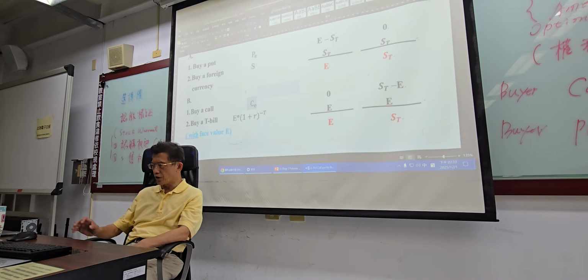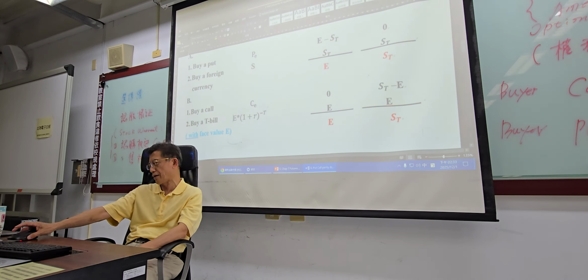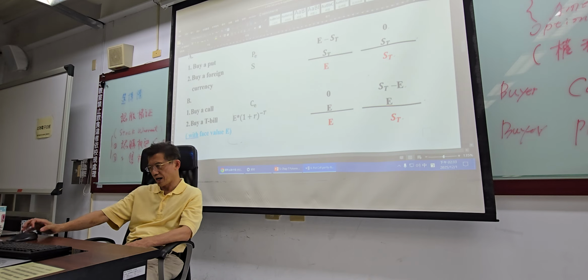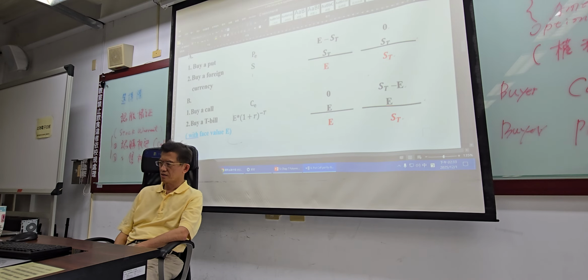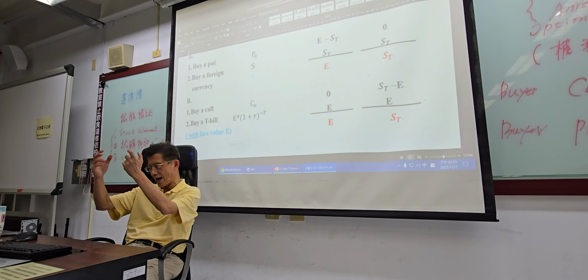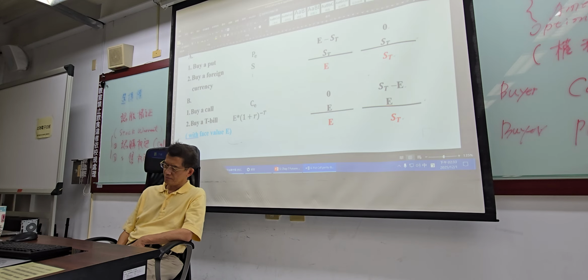When you buy the T-bill, that means you pay capital E times 1 plus R powered by minus T in cash right now. Then you will collect the face value amount, which is exactly the exercise price, at the expiration.